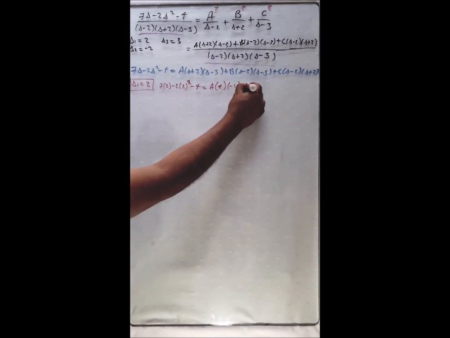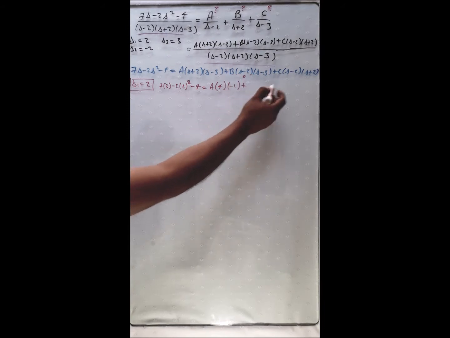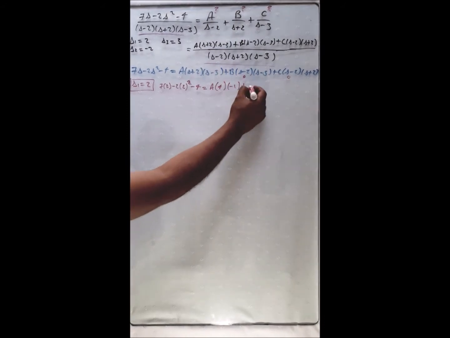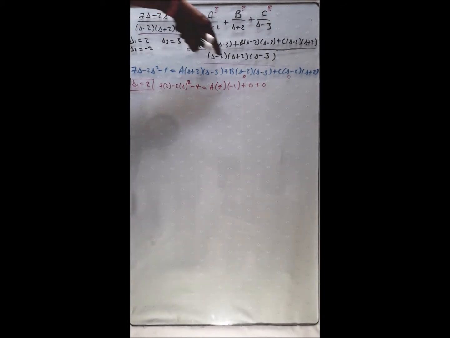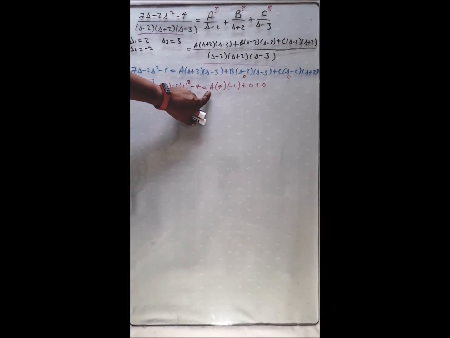And what happens to the others? This is 0, and this is 0, since 2 minus 2 is 0. So the values of B and C are cancelled, and the only one surviving is the value of A.